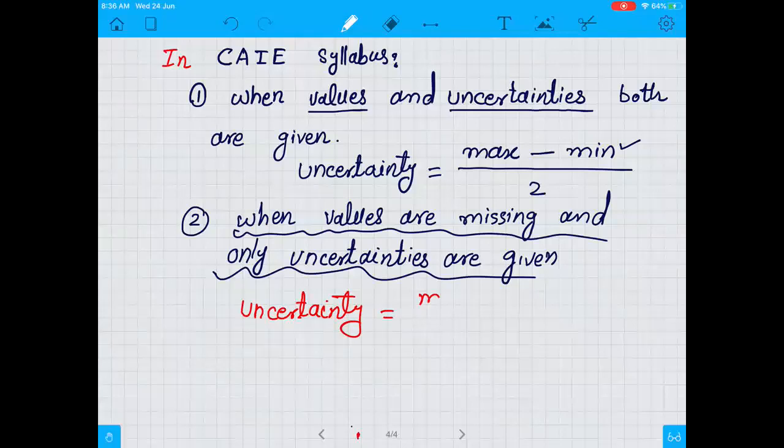This formula cannot be applied because you do not have any values and you cannot calculate the maximum and the minimum values. So in the second situation, this formula cannot be applied.